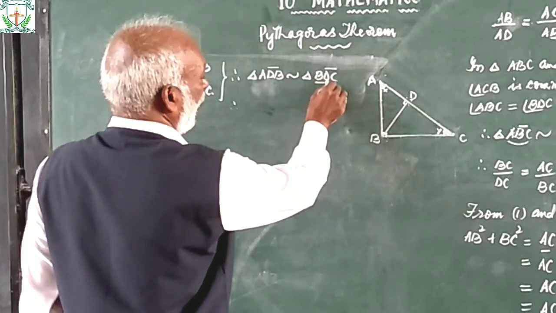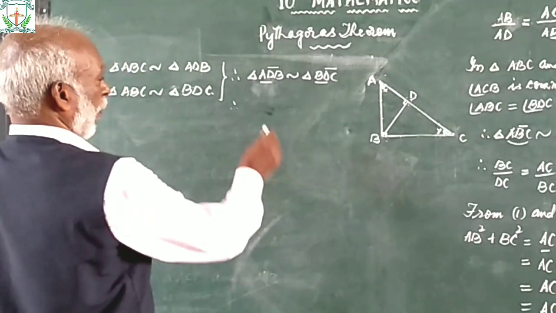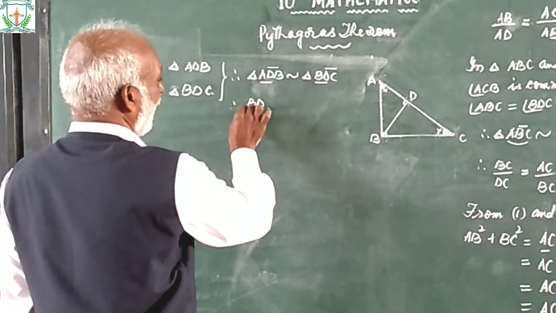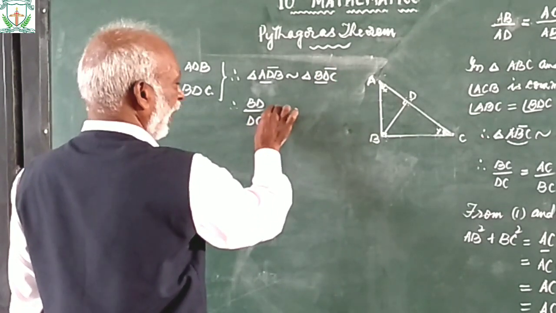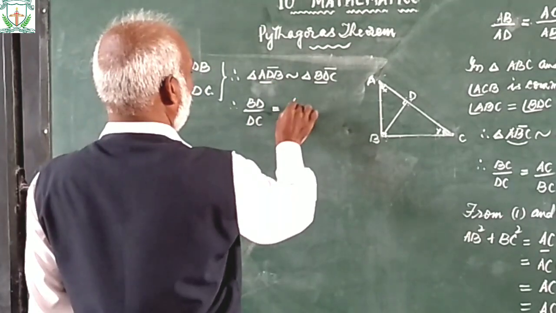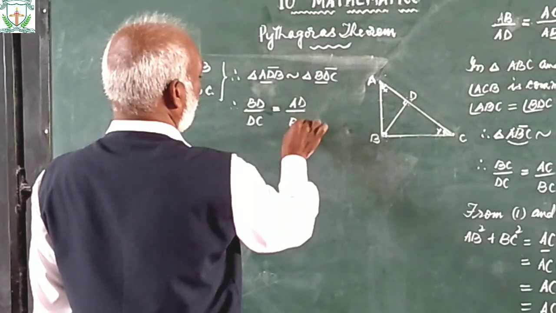Now, consider this BD, it is AD, corresponding. So, therefore, BD divided by DC is equal to AD divided by BD.